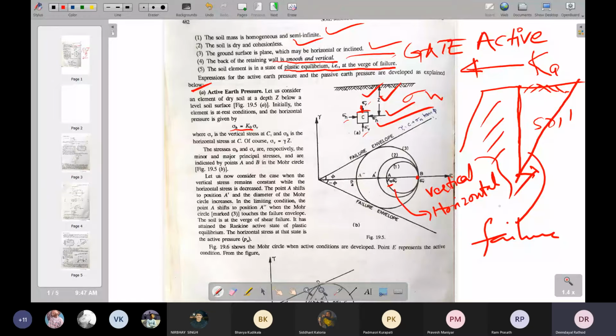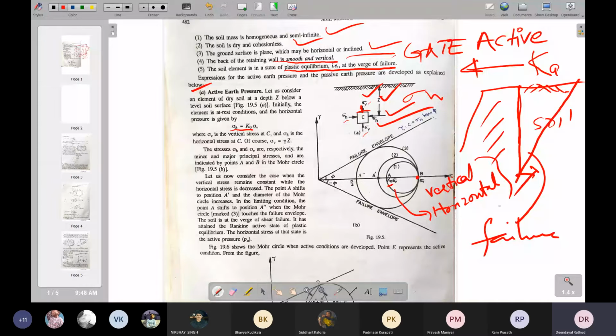So what we are trying to do is take a small element at a depth z, find the minor and major principal stresses at that point, and draw the Mohr circle for these stresses. Vertical we know, horizontal we know. Now in the active case, what is happening?